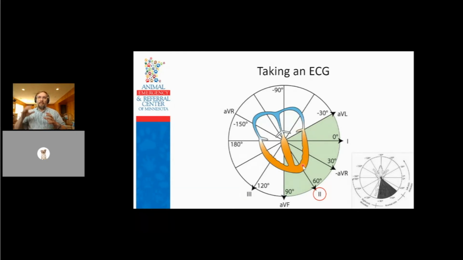The different leads are like different cameras. If we're sitting at lead 2, anything moving towards us causes a positive deflection on the EKG, and anything moving away from us causes a negative deflection. Lead 2 is usually the biggest deflection for what's happening in the heart, both with P waves and with ventricular depolarization. That's why most of our EKG machines are set to lead 2, because it's going to be the biggest and the easiest to see most of the time. It's also kind of the standard.